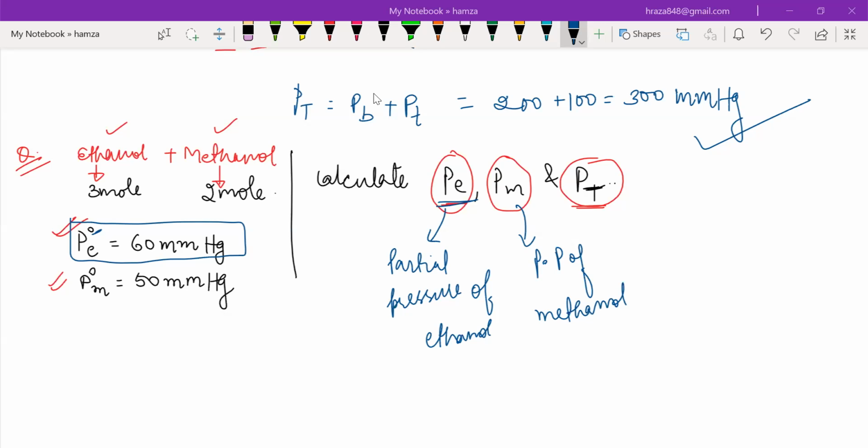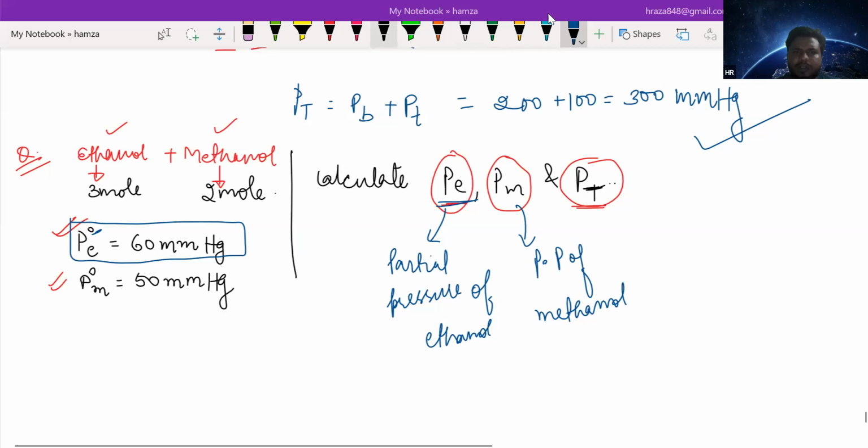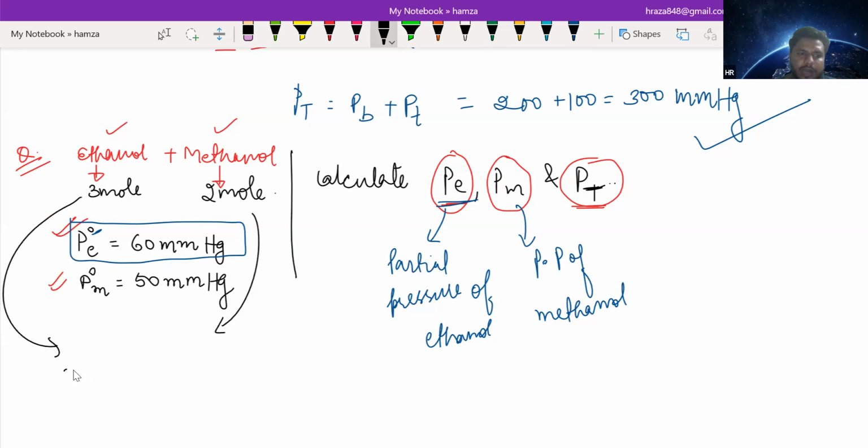Sir, mole fraction of ethanol is 0.25, right? You just have to put it in ratio. So if you are going to calculate mole fraction of ethanol, number of moles of ethanol 3 upon total moles, that will be 5. Mole fraction of ethanol will be number of moles of ethanol upon total moles.